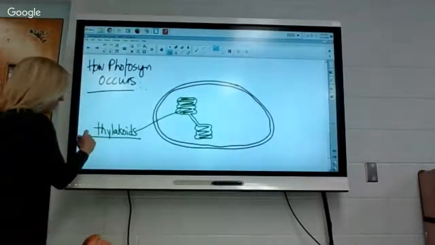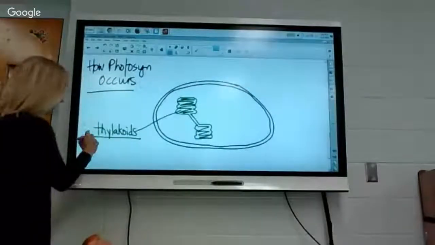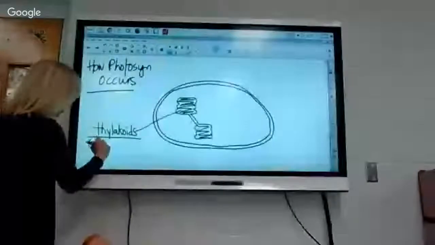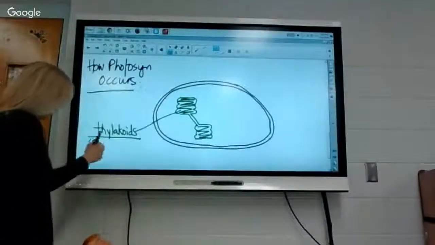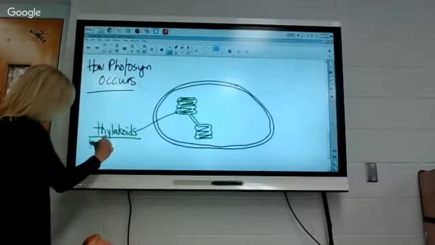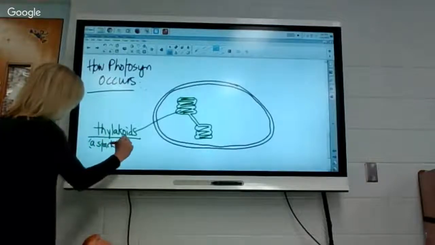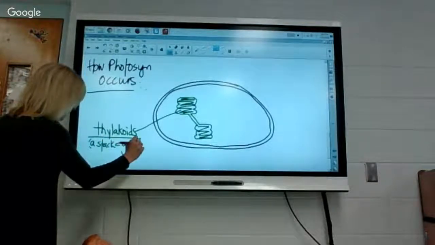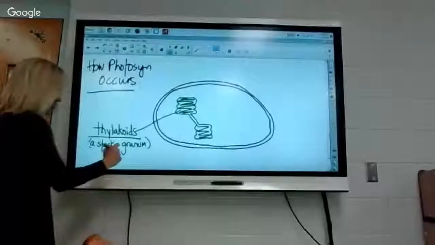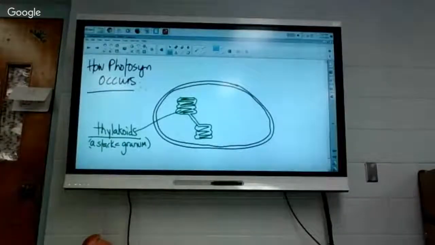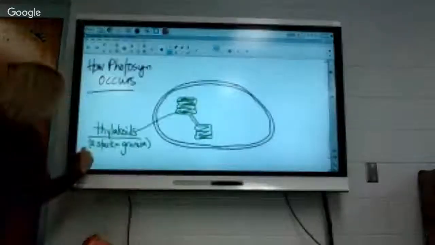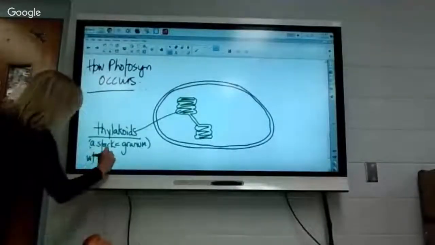So the thylakoid membrane, or the thylakoids. A stack equals a granum. So if you see this word, grana or granum, it just means a stack of those thylakoids. Each one's like one little packet of chlorophyll. So we'll put with chlorophyll.